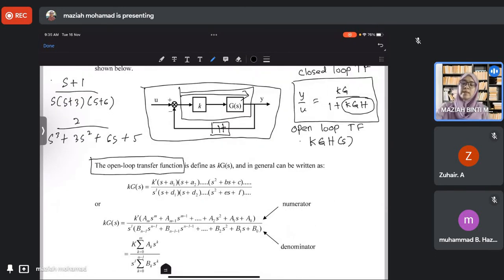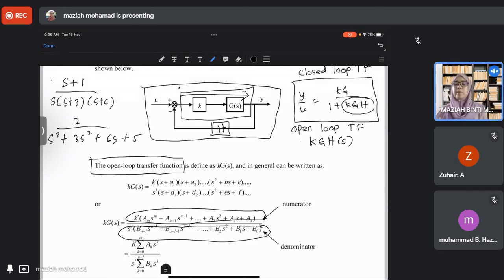The above term is what we call the numerator, and the denominator is the bottom part.